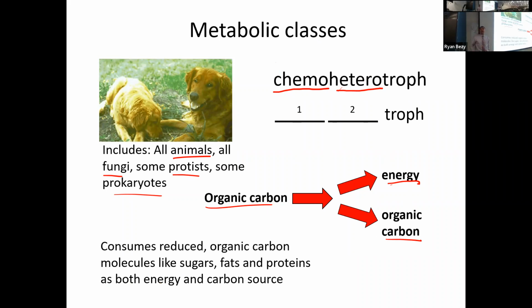In the case of a chemoheterotroph, they eat reduced organic carbon molecules, things like sugars, fats, proteins, and they use those organic carbon molecules as a source of both energy and carbon then. So some of the organic carbon molecules they eat is a source of carbon to build up structures of the cells. But some of the reduced organic carbon that they eat gets broken down as an energy source then as well.